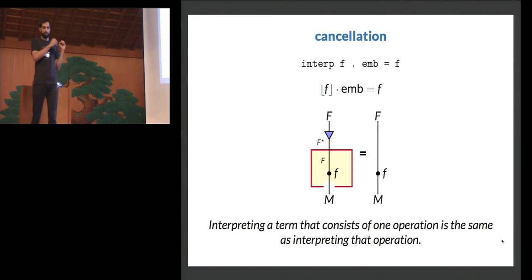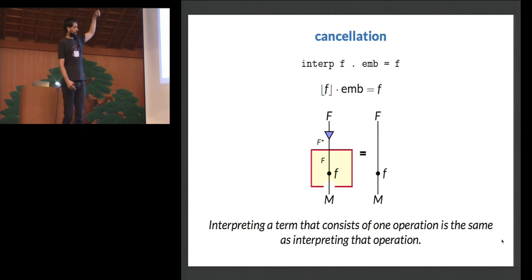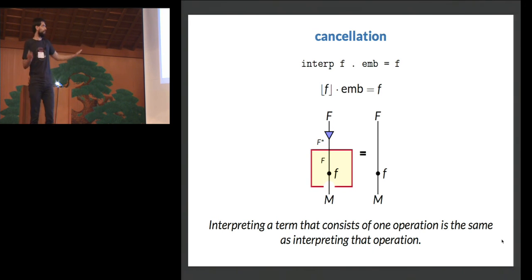It is the same as if we didn't bother to wrap it and just interpret that operation. So in symbols, it just says interp f after emb is f. And the intuition for the diagrams is that whenever the blue triangle goes down and hits the box, they both disappear, right?